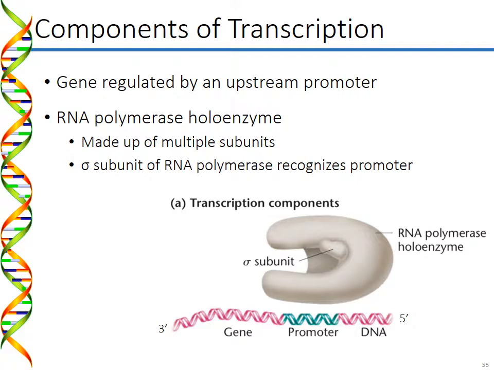Now, one of these subunits, the sigma subunit, is the one that recognizes the promoter. There are different types of sigma subunits. The nomenclature differs based on the organism, but for example, there's sigma A, sigma B, sigma H. Each of these recognizes a different promoter sequence, and we'll be looking at some of the promoter sequences in the upcoming slides.